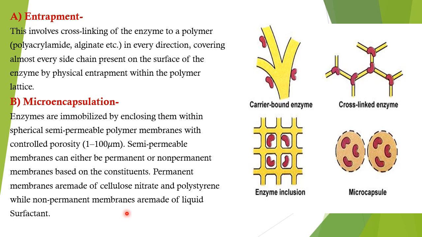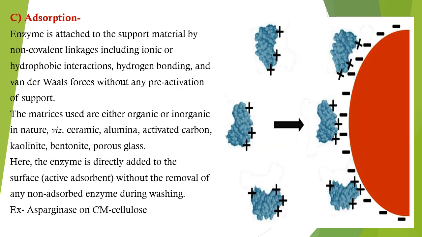You have to choose whether you want a semi-permeable encapsulation medium, or you don't want any permeability, then you can go for the liquid surfactant, which is mostly a non-permanent semi-permeable medium.